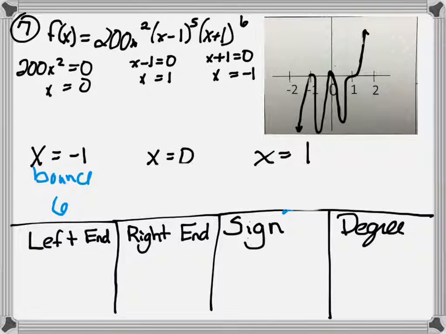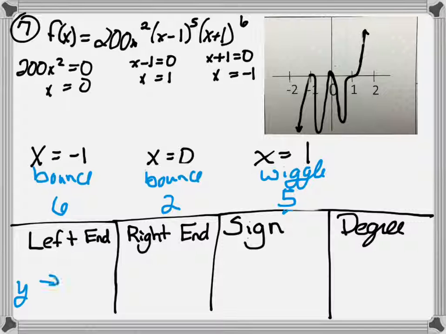At 0, bounce, wiggle, or cross? At 0, the exponent is 2. And at 1, x equals 1, wiggle. And 5. And so the left end behavior, y approached negative. Right end, positive. And the sign of the leading coefficient, positive. The degree, 13.